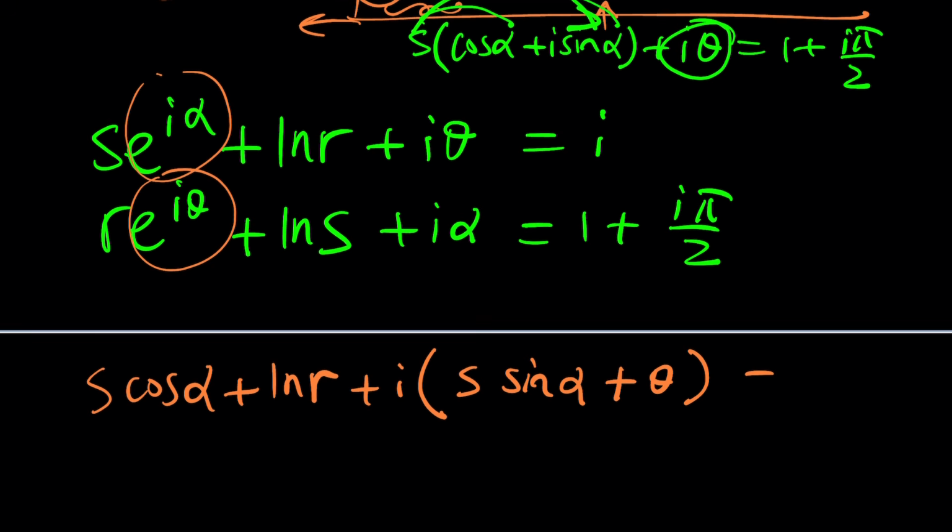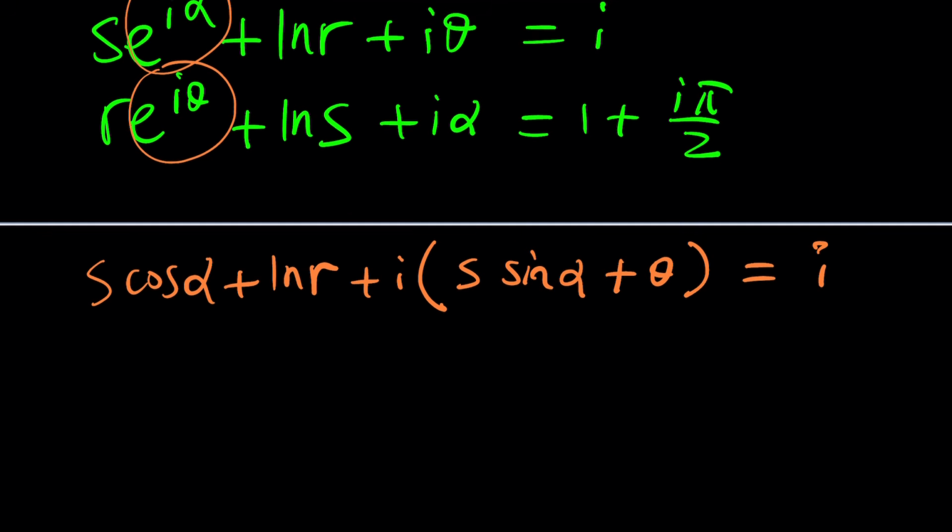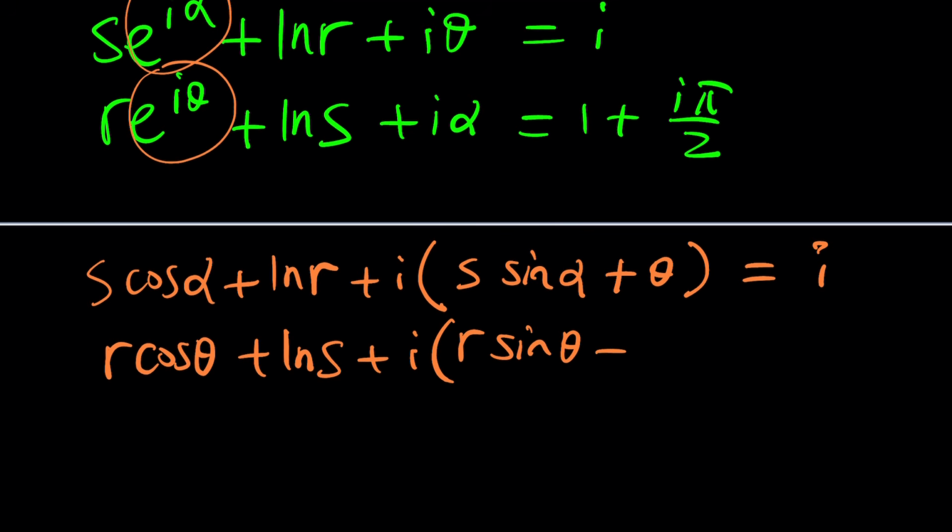Plus θ. This is equal to i. And the second equation is going to give us r cos θ plus ln s, plus i times r sin θ. So variables kind of switch. You get the idea, right? This is equal to 1 plus iπ/2. Hopefully you can recognize this number. Great. Now, we got ourselves a system, so we're going to solve this.